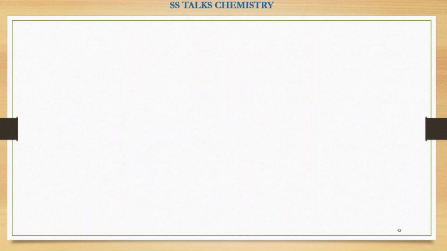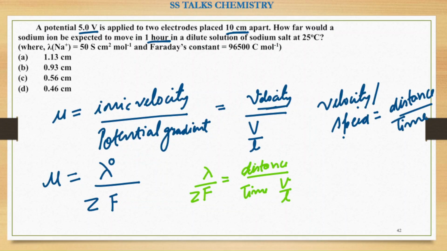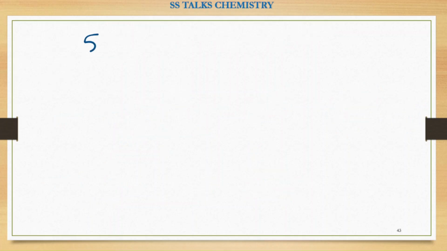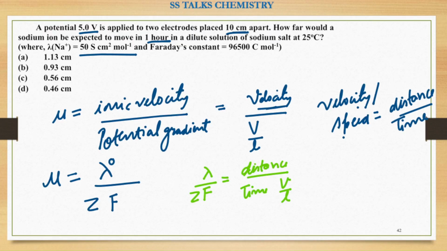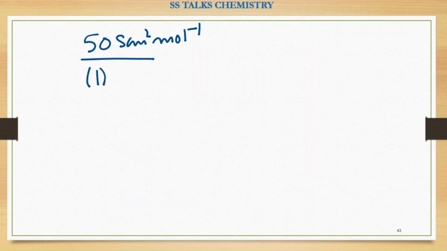Okay, so the lambda value at infinite dilution is already given to us. It is 50 Siemens centimeter square per mole. So 50 Siemens centimeter square per mole upon Z, which is the charge on the sodium ion, equal to 1 unit, so it will be 1 into the Faraday's constant, which is 96500.